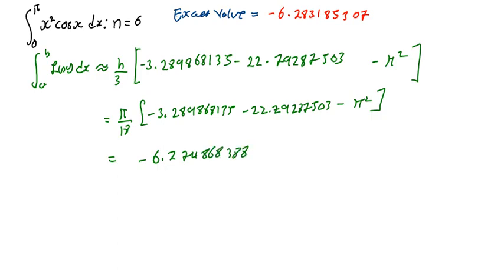So one thing we have determined is that our approximated value is equal to minus 6.274868388. That is our approximated value. So that's basically what we were looking for.